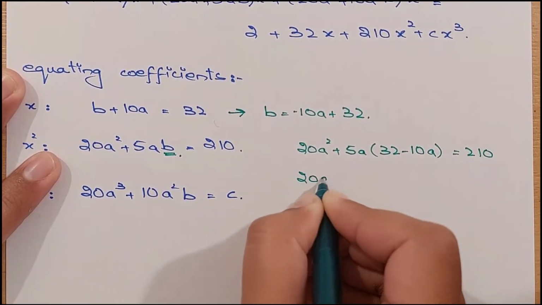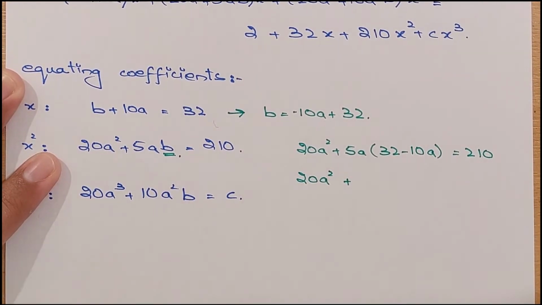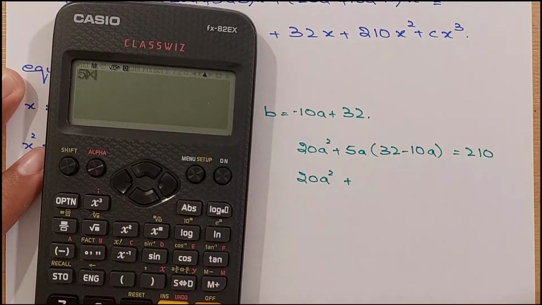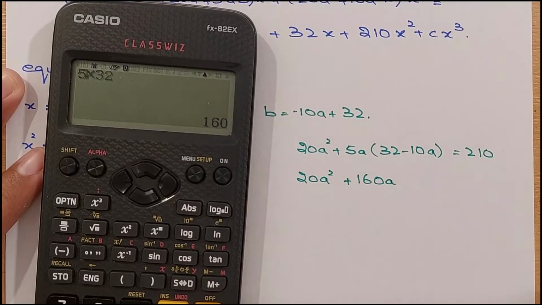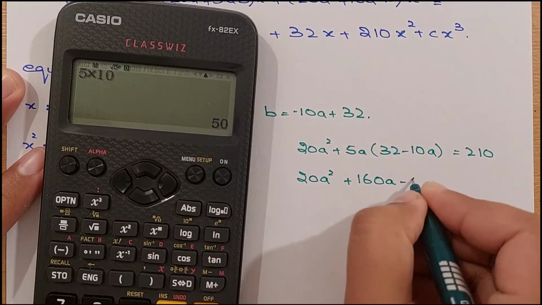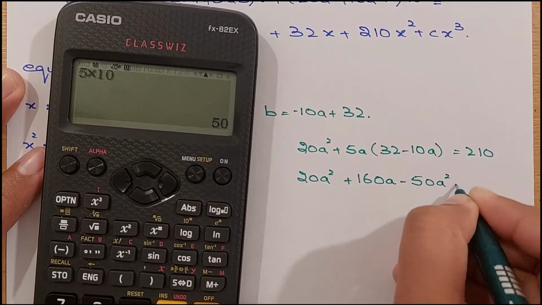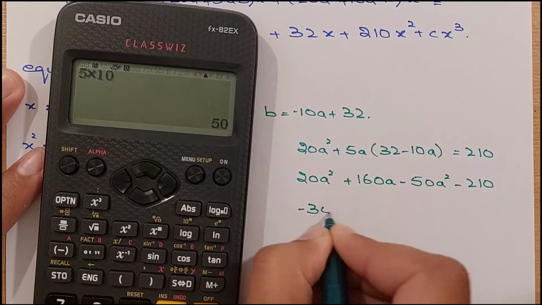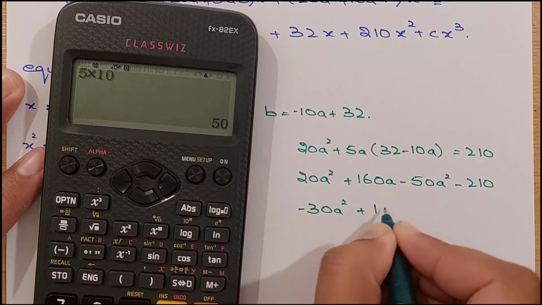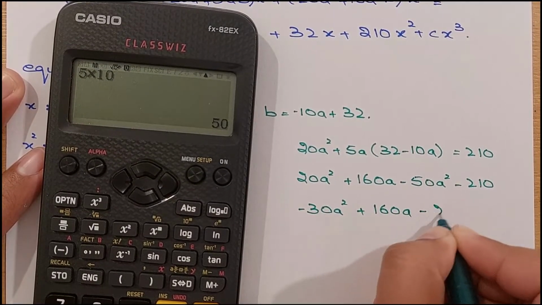So 20a square plus 5 times 32 is 160a, and 5 times 10 is minus 50a square, minus 210. So 20 minus 50 is minus 30a square plus 160a minus 210.